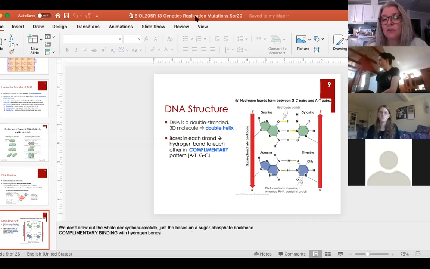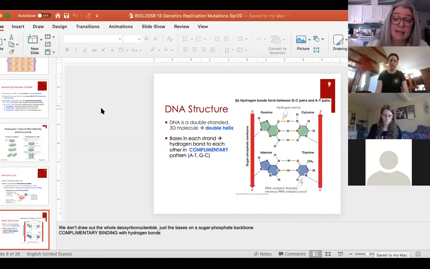We talked about the idea of complementary binding because, of course, the two strands of DNA are not exact matches of each other. They're complementary to each other. Where there's an A in one strand, there's going to be a T in the other strand. And where there's a G in one strand, there's going to be a C in the other strand. That's complementary base pairing.